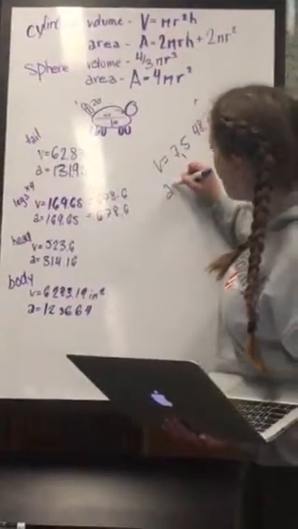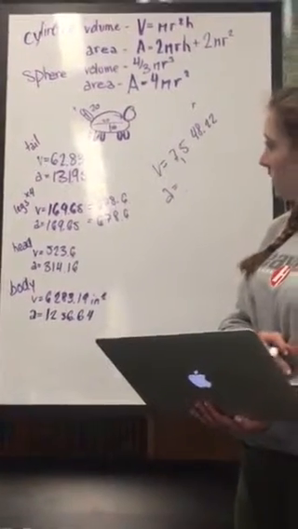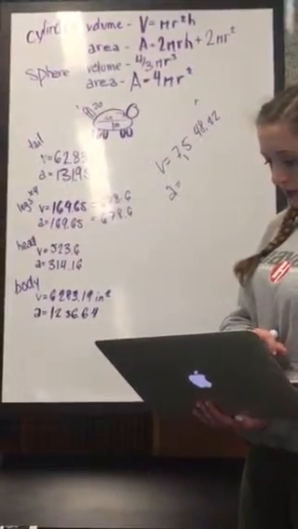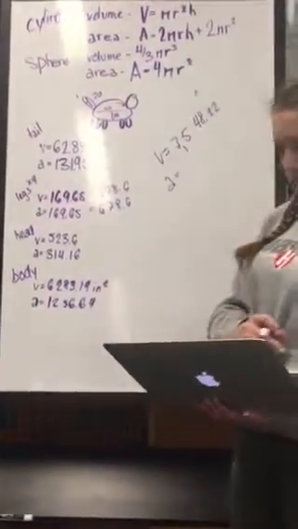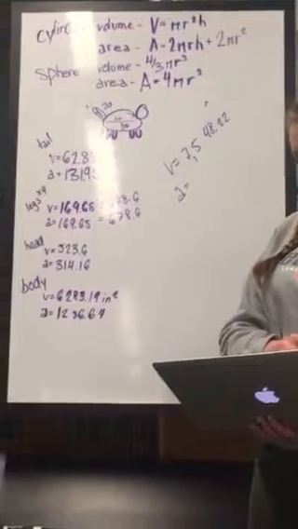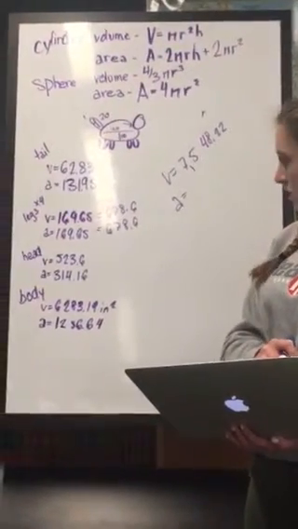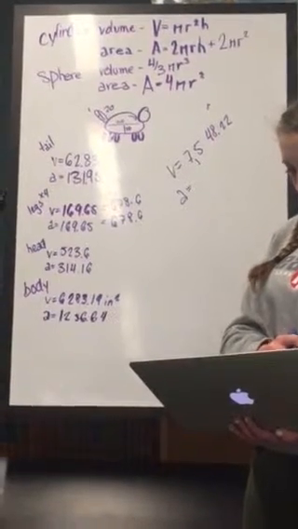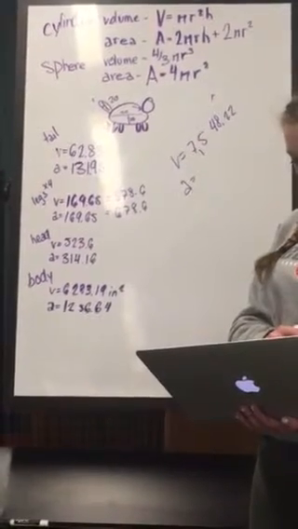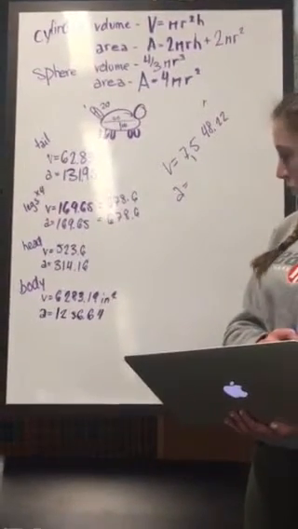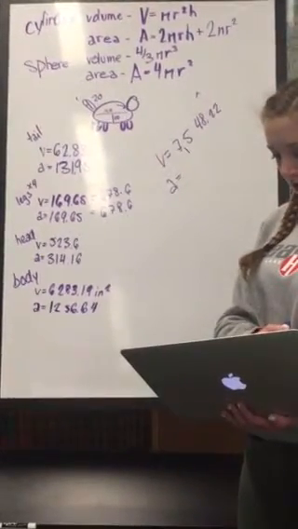Now we're just going to find the area really quick, and we will get 131.95 plus 678.6 plus 314.16 plus 1256.64.